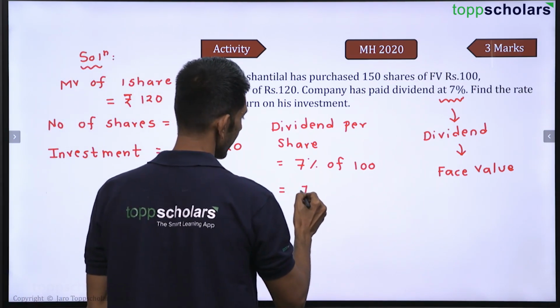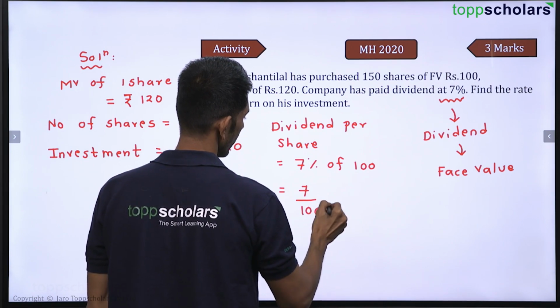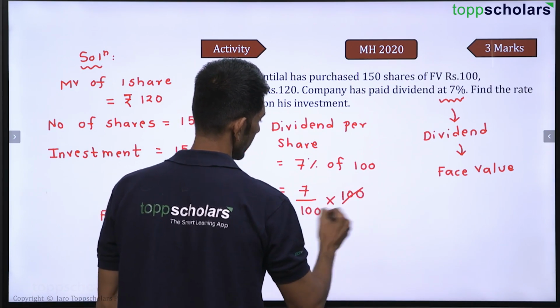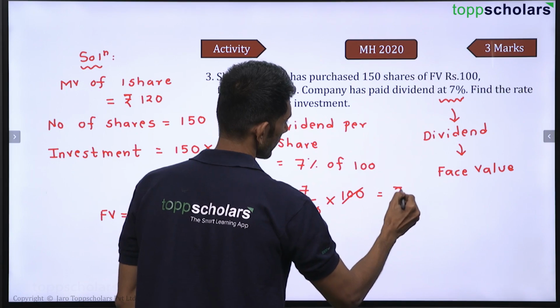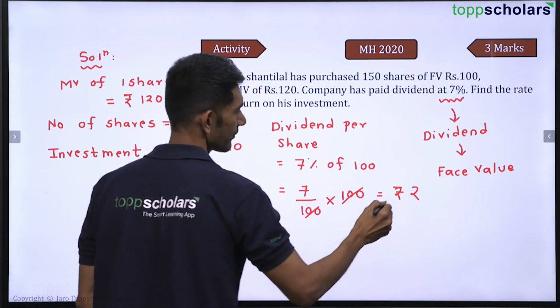So that is 7 by 100 into 100, that is equal to rupees 7.